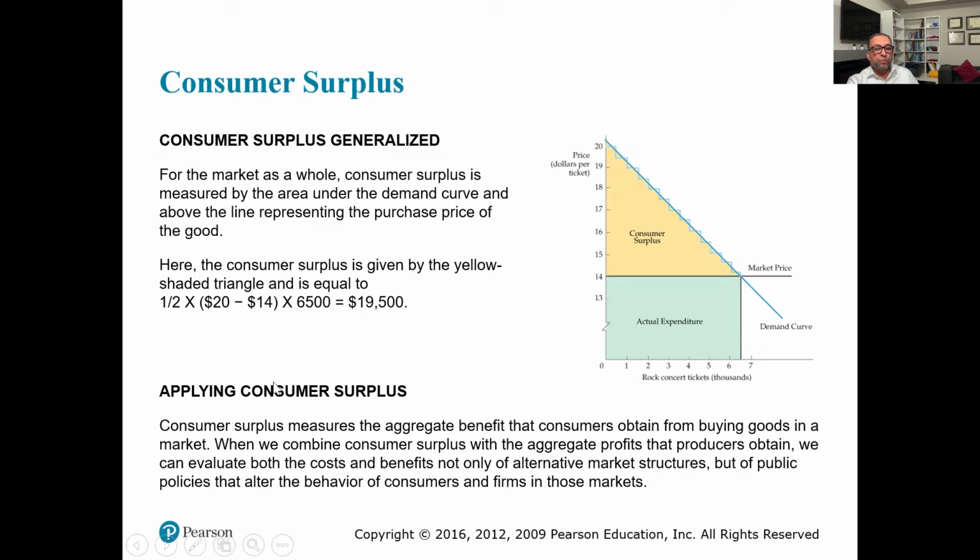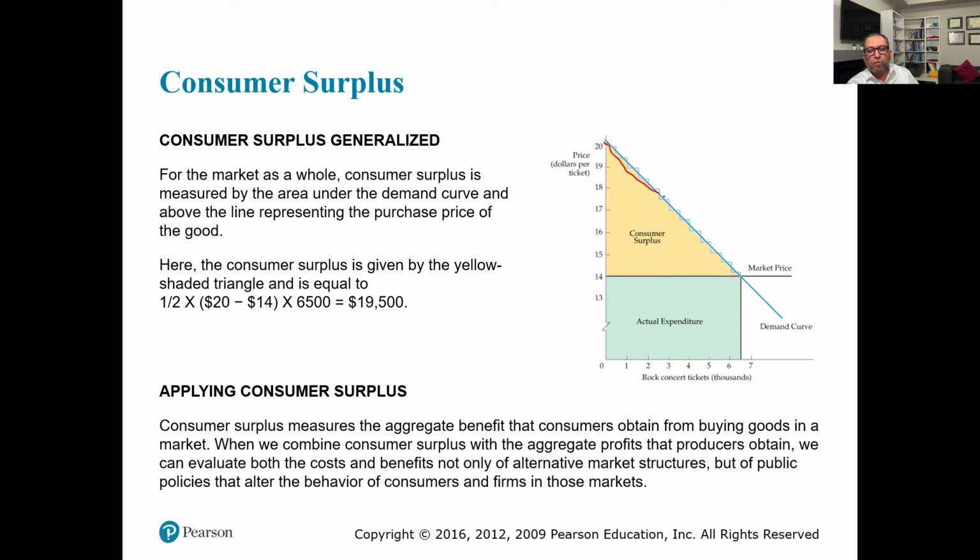In this way, all 6 ticket holders together get a $21 consumer surplus. In generalized form, for the market as a whole, consumer surplus is measured by the area under the demand curve and above the price line.